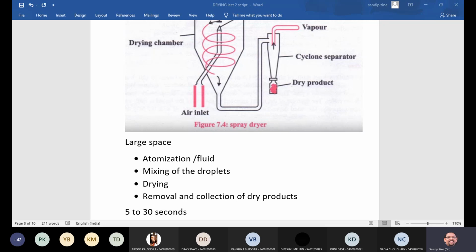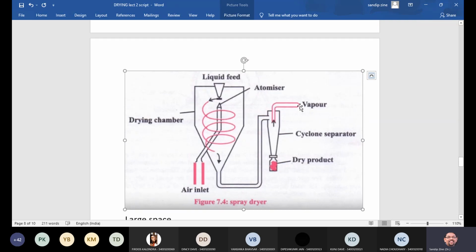And the vapors are removed from the top. If you see the cyclone separator, vapors are getting removed here at the top. So these are the points that we can mention over here as the working of this spray dryer.